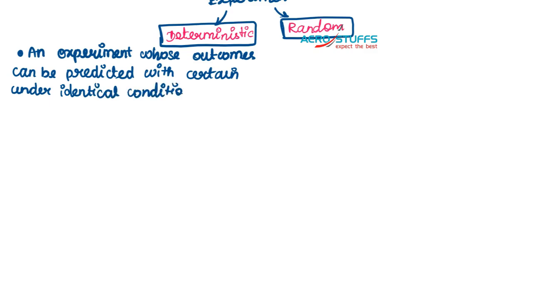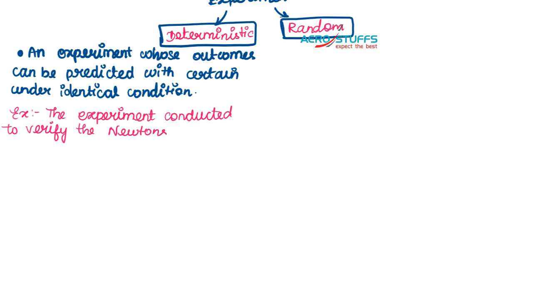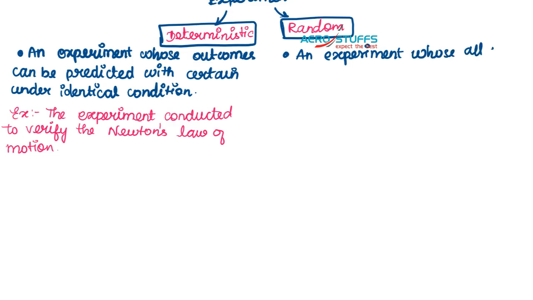The result of this experiment is predictable with certainty and is known prior to its conduct. You know this result before you do that experiment. For example, when you conduct an experiment to verify Newton's law of action, you know Newton's third law states that for every action there is an equal and opposite reaction. Either you conduct the experiment or not, that is the truth. So this type of experiment is deterministic.